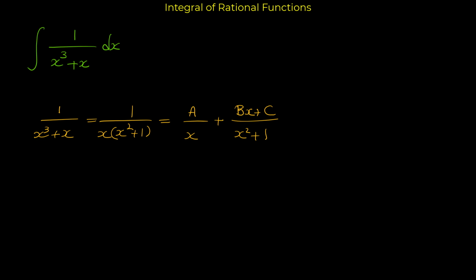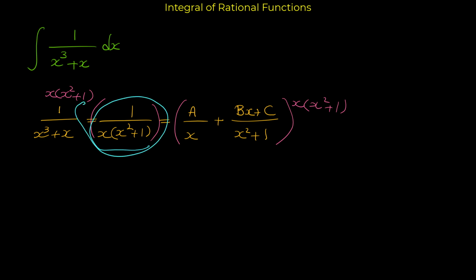We are going to multiply the left side and the right side by x times x to the 2 plus 1 to get rid of denominators. If we multiply the left side by this, it completely cancels the denominator, and on the left side we only have 1.